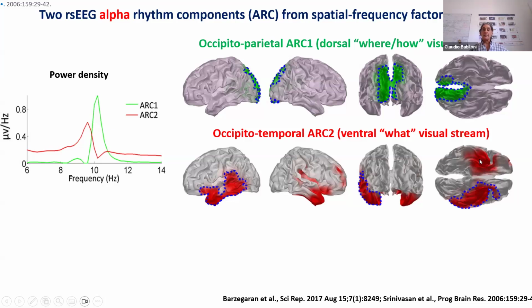You see here the basal occipital temporal lobe, here the lateral occipitotemporal lobe of the two hemispheres. And this is the typical pathway of the so-called ventral what visual stream, allowing us to classify the visual objects according to semantics, visual features.